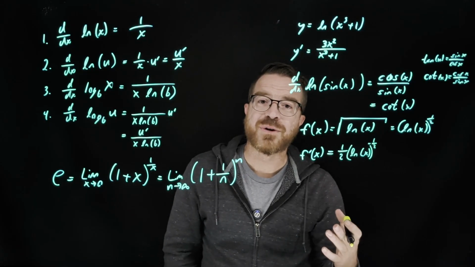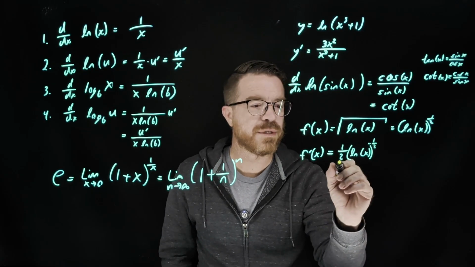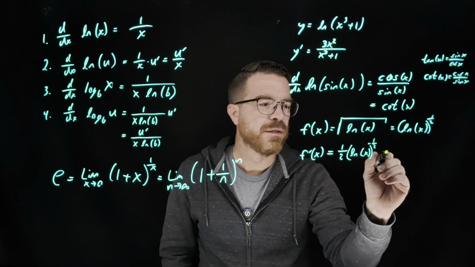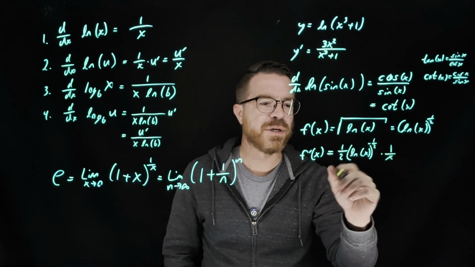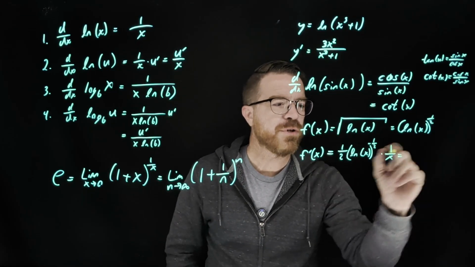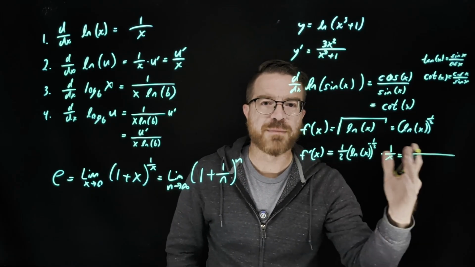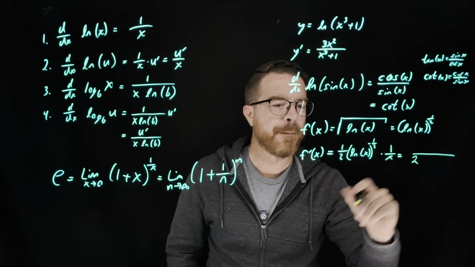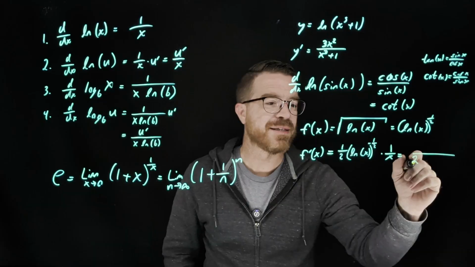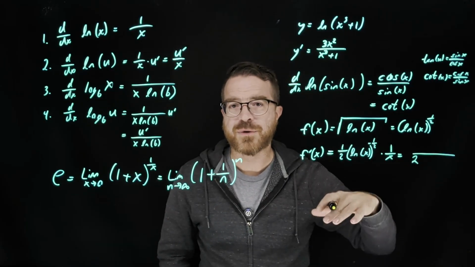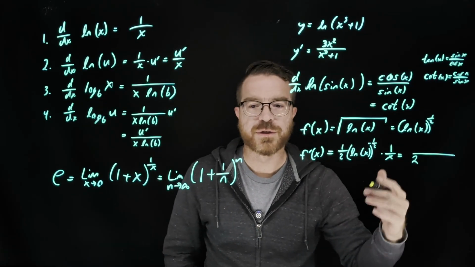We said the derivative of the natural log of x is equal to 1 over x, so this is going to give us times 1 over x. Now rewriting this, we have 1 over 2, so I'm going to create my fraction here. We have a 2 at the bottom. Natural log of x to the negative 1/2 is the same thing as saying 1 over natural log of x to the 1/2, which is the square root.